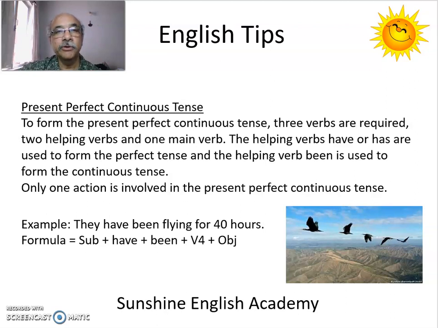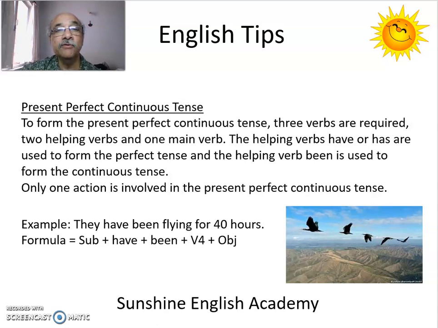Let's look at the formula. It is subject plus have plus been plus V4 plus object. Now, after subject, we use have or has because we want to form the perfect tense. And since we have or has, the next verb has to be in the V3 form.